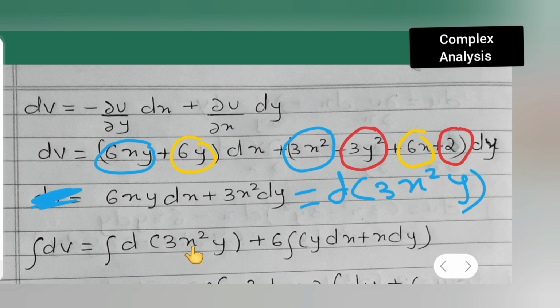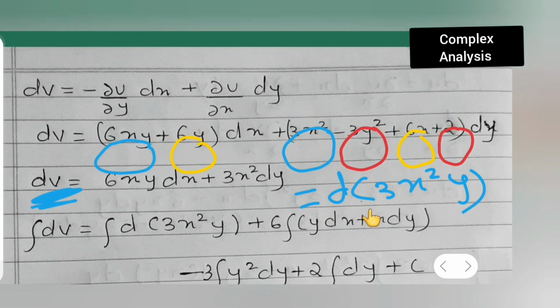So this I have taken, see the blue part, 6xy, and this 3x squared over here. What is it? d of 3x squared y. So I have plugged the value over here. Next is plus, now look at this, 6 common, then integrate y dx and x dy plus x dy. Next what I have done is the remaining part is over here.